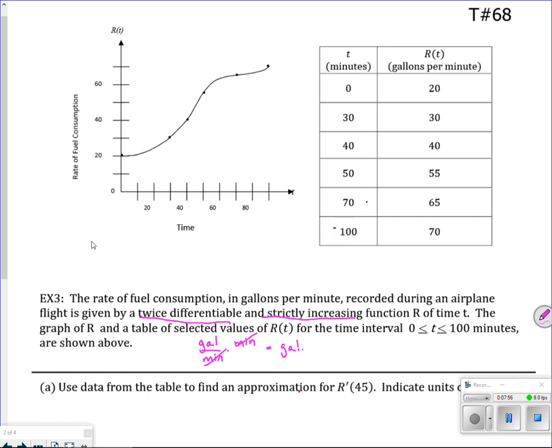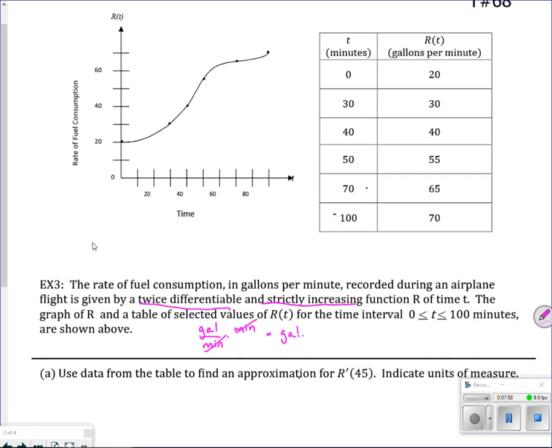Let's go on. Using the data from the table, find an approximation for R prime of 45. Remember me telling you it's on the AP test every year? Here it is, and you're going to get the 2 points. It's giving you R of t, and it's asking you to approximate the derivative at 45. You know what to do.